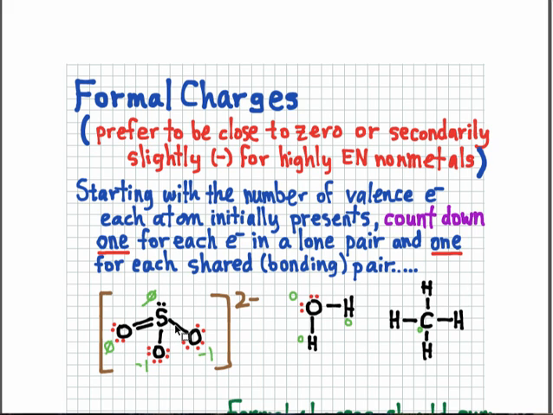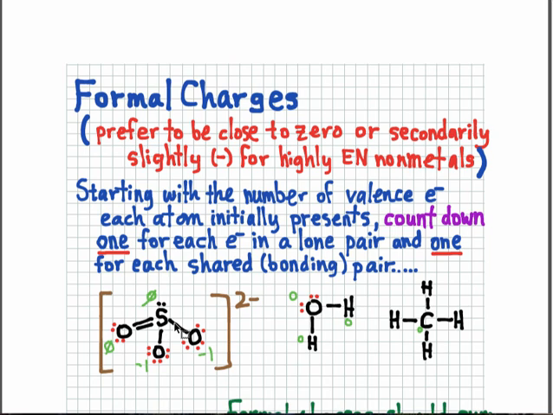In any case, here's the non-resonance Lewis structure for this sulfite ion, 2-. Sulfur brought in 6, and so did oxygen, brought in 6 valence electrons to this mix. If you think back to our pattern of valence electrons, so 6, 5, 4, 3, 2, 1, 0.